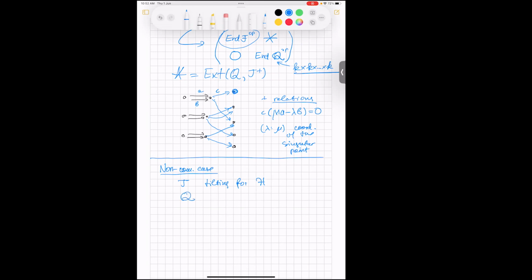Take Q, which is just the direct sum of AX modulo radical AX over all singular points.